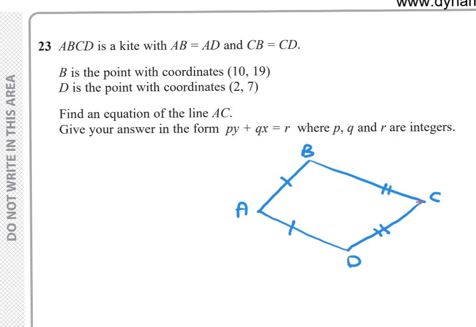You have to know that the diagonals of the kite are perpendicular. We have point B is (10, 19). Point D is (2, 7). We need to find the equation of the line AC.